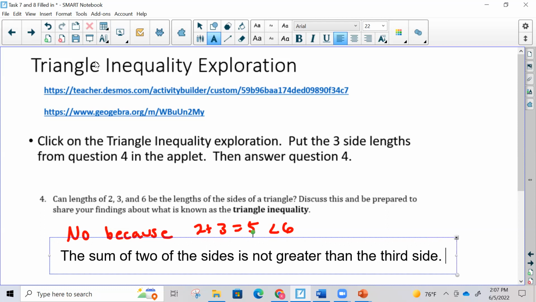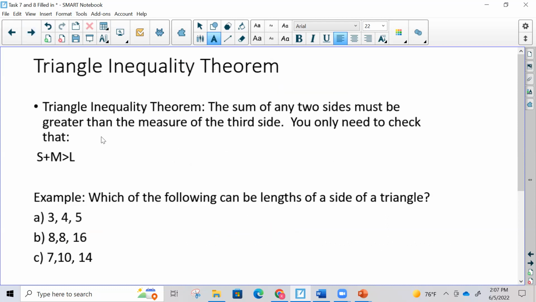And therefore it won't make a triangle. But for the triangle inequality theorem, as long as the sum of any two sides is greater than the third, then it is.